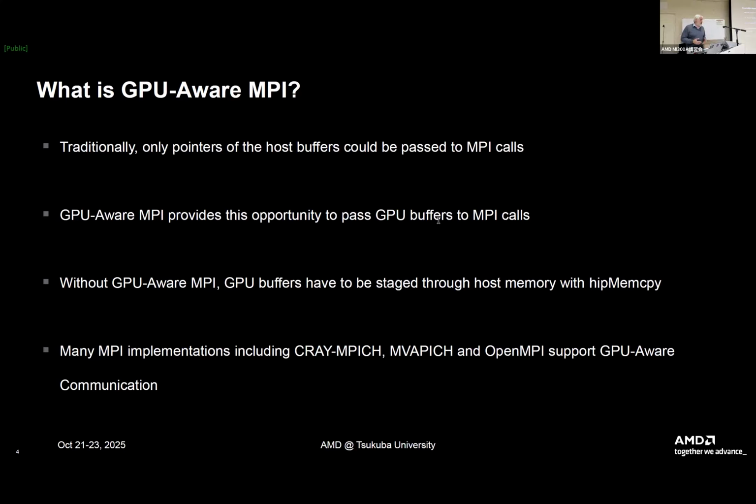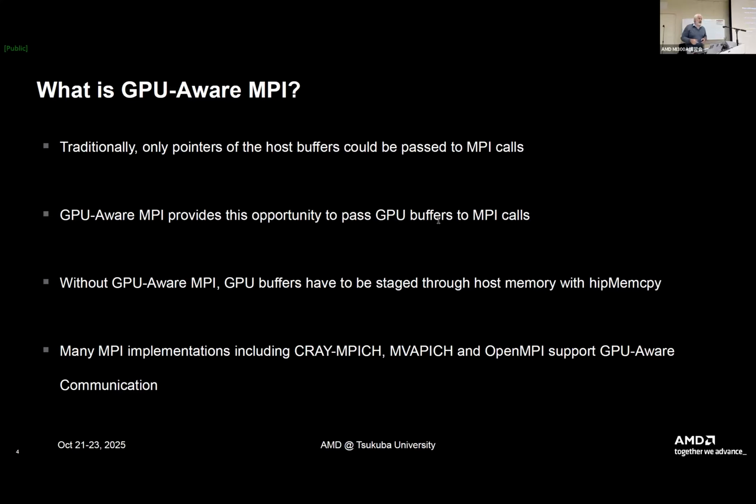Originally, when we started GPU programming, we had to send data from CPU to CPU. So we'd have to move the data back to the CPU, pass it over to another CPU, and then write it back down to the GPU. With GPU-aware MPI, if we give it a GPU pointer, it's going to send it directly from the GPU to another GPU.